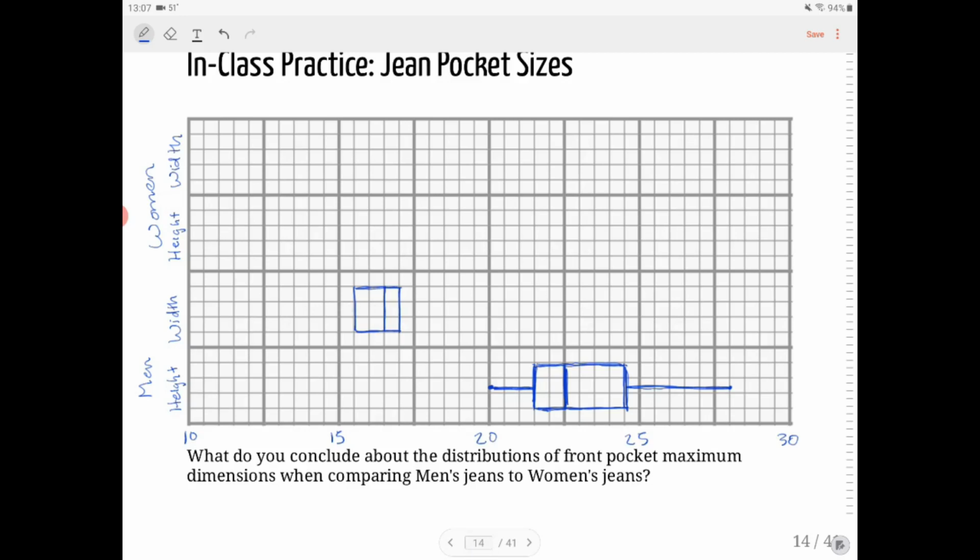So there's 1, 2, and then we stop there. Okay. And on the other side, so our lowest observation is 13.